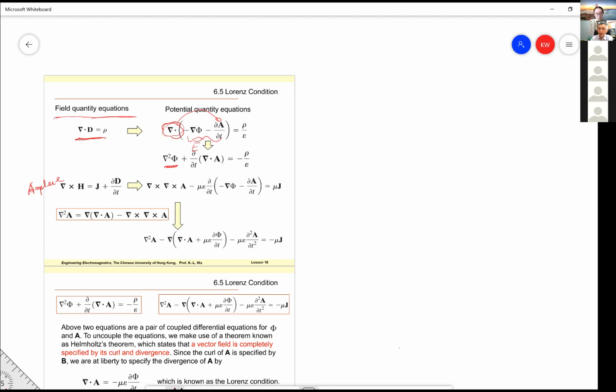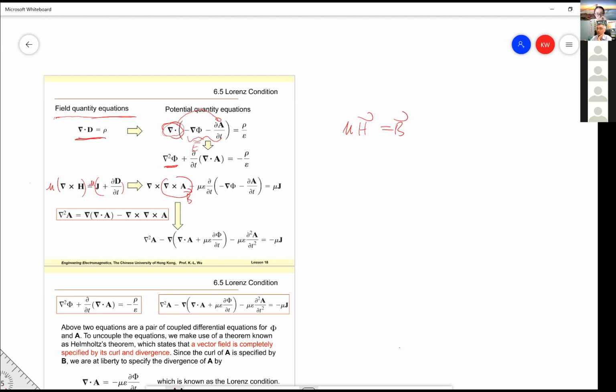So I multiply mu on both sides. The reason is mu times H equals B. So I multiply mu on both sides, so this is B, which we already introduced.